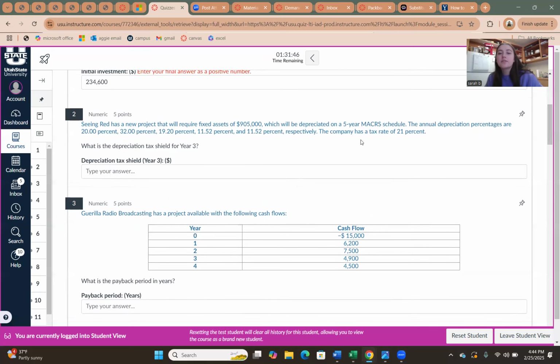Who knows the formula for depreciation tax shield? Anybody? I believe this one's on the exam, so you're going to want to write it down. Tax rate times depreciation. Easy. Good job. Okay, so let's see.